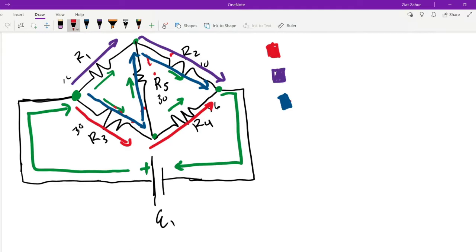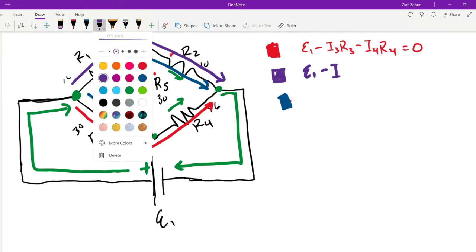So the red one is epsilon 1 minus I3R3 minus I4R4, and that's the end of the loop, so it must equal 0. Purple is the same way, starting with our battery, minus, purple is thick.